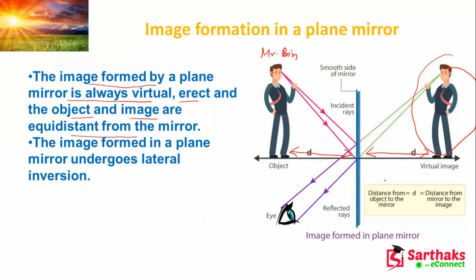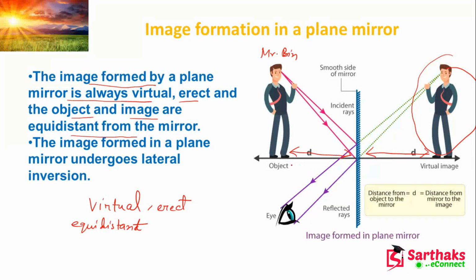That is not possible. That's why it is the virtual one. So the image formation in a plane mirror is always virtual and erect. That means there will be no bending, that is erect. And both the object and the image are equidistant.